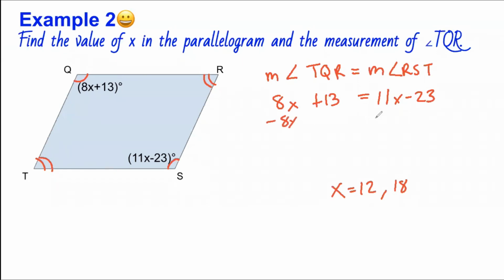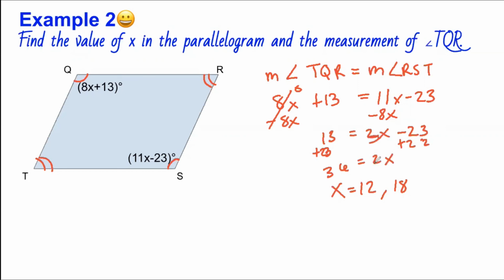Let me subtract 8x from both sides. We get 13 equals 3x minus 23. I need to add 23 on both sides. I get over here, it's 36 equals 2x. Is it 2? No, it's 3x.